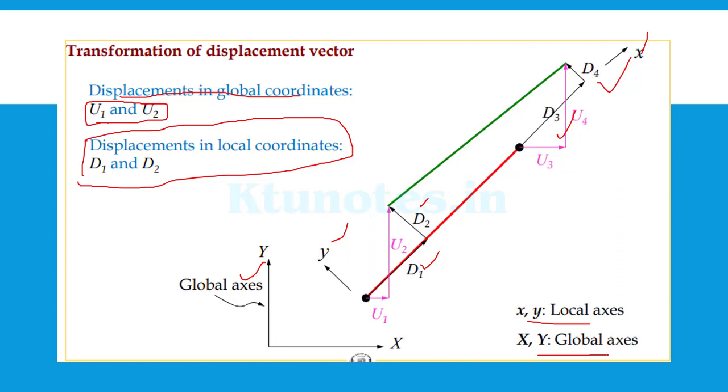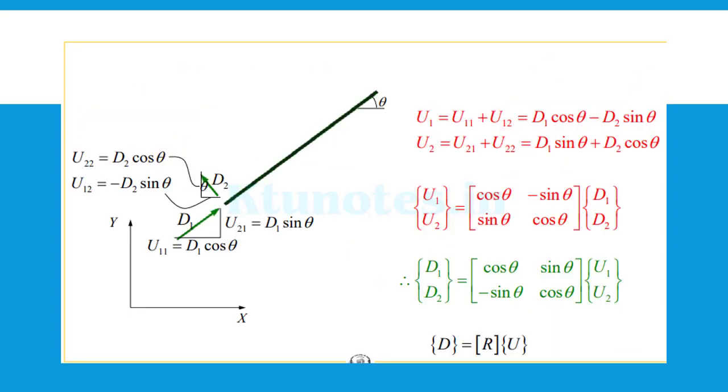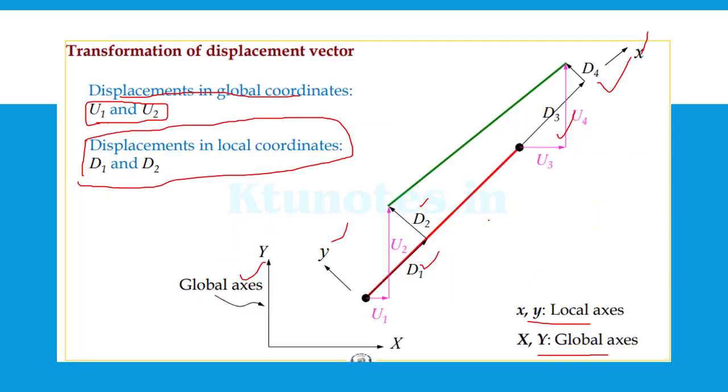So what we are going to do is find a relation between d, which are the displacements in the local coordinate, and u, which are the displacements in the global coordinate. Here we have to find u1, u2, u3 and u4.